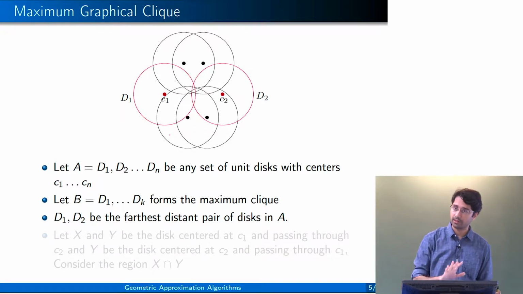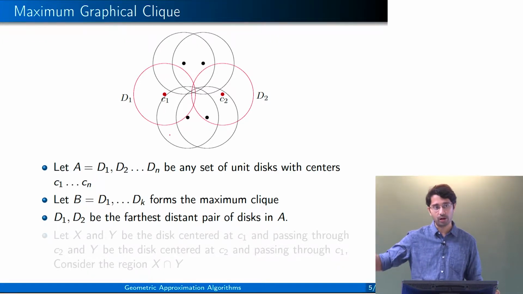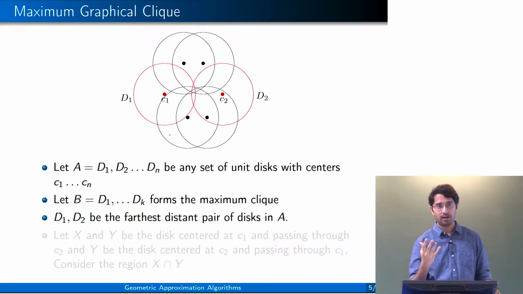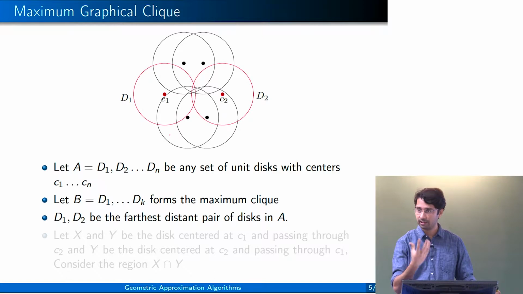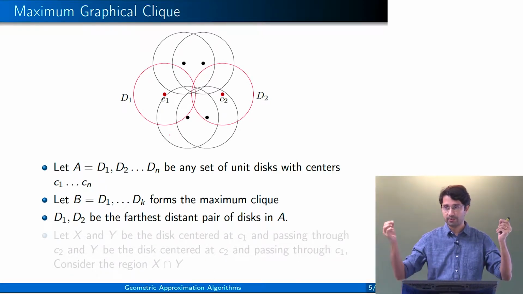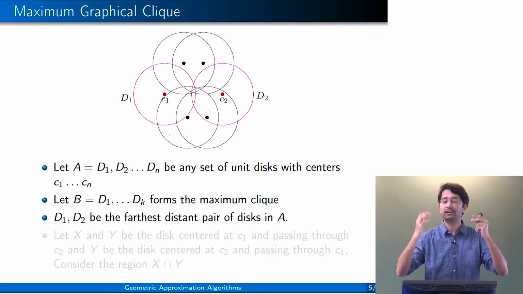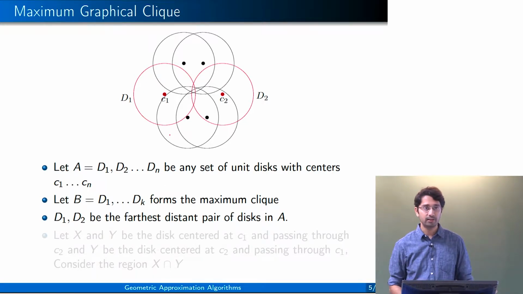So, you are given a unit disk graph, and in this graph there is a maximum clique. There can be multiple; consider one of such maximum cliques. Some oracle has told me that among the disks which form the clique, d1 and d2 are the furthest disks in that clique. Given that information, can I solve this problem efficiently?